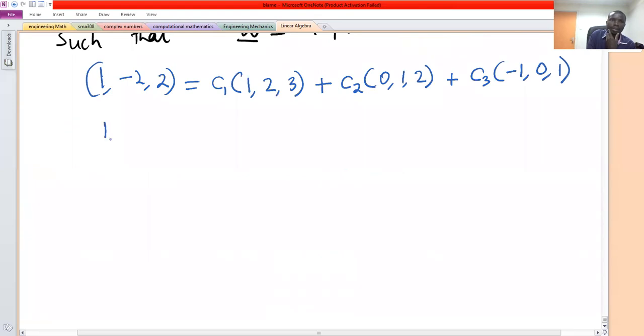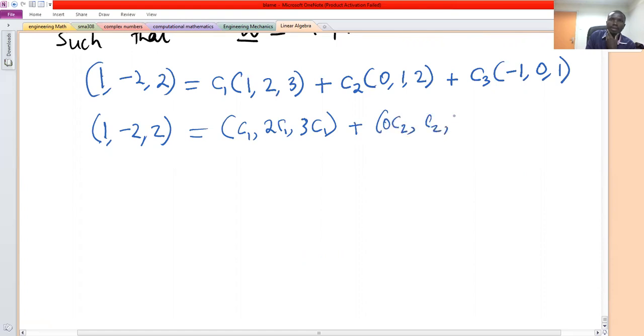So we have (1, -2, 2) equal to (C1, 2C1, 3C1) plus (0C2, C2, 2C2) plus (-C3, 0C3, C3). Remember, if you have a scalar, you just multiply by every element of the vector.